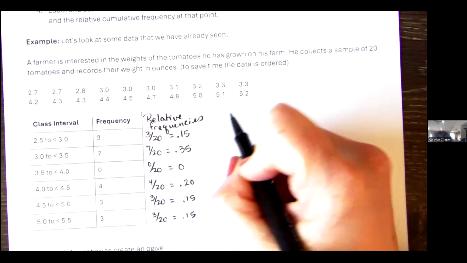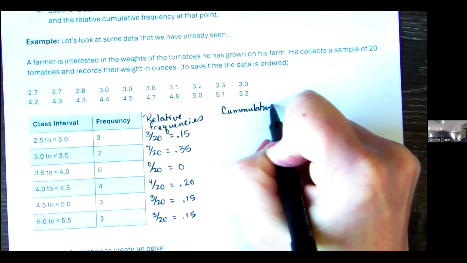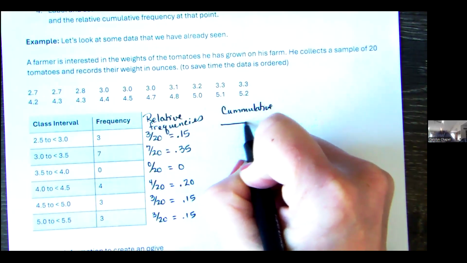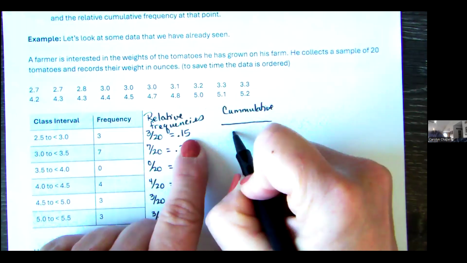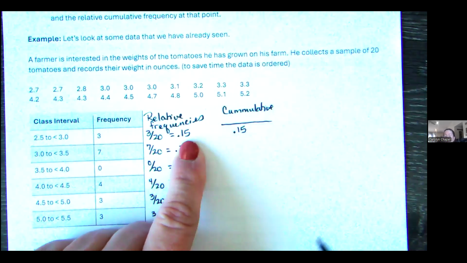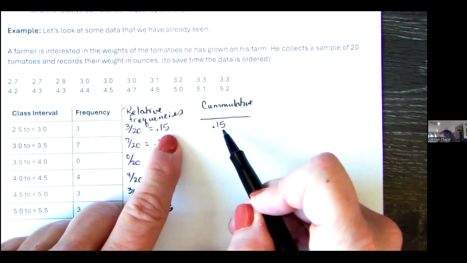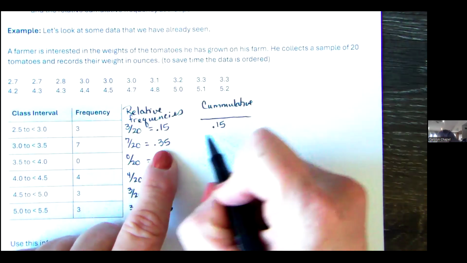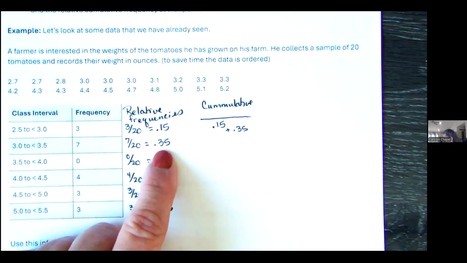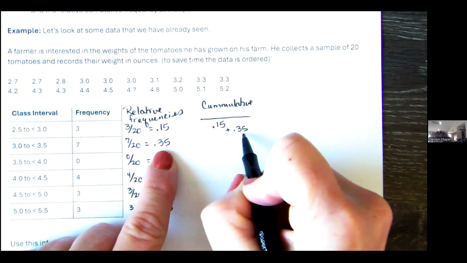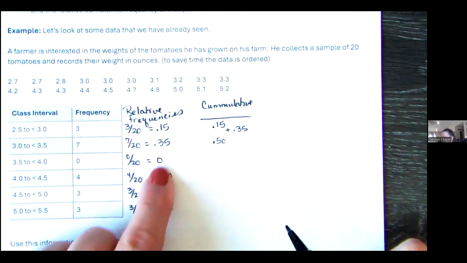Okay, I'm going to create another one, cumulative, which means I'm going to start my bucket. And by the time I get through this category, I have added all 3 of those tomatoes to my pail, or I've got 15% of my tomatoes in there. As I continue through, I'm going to be adding on the next group into my bucket. And so I'm going to add on that 35%, which brings me up to 50% or 0.5.